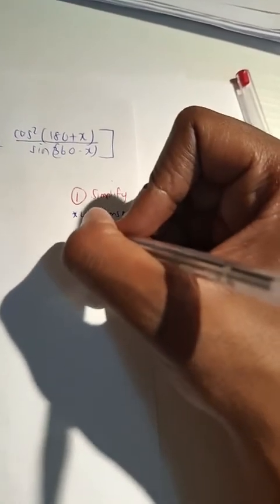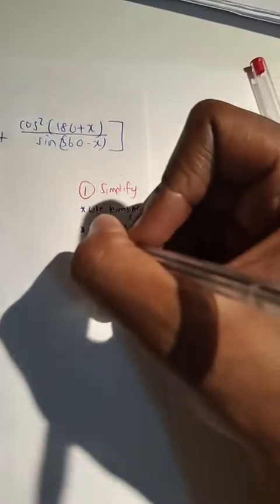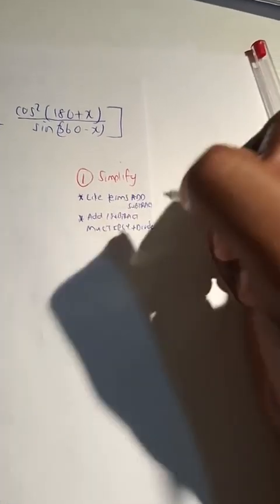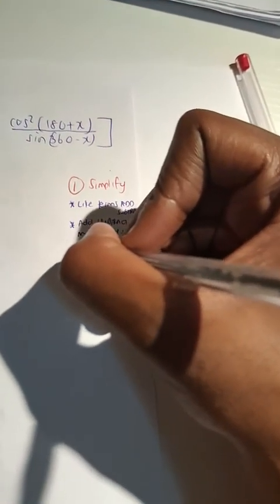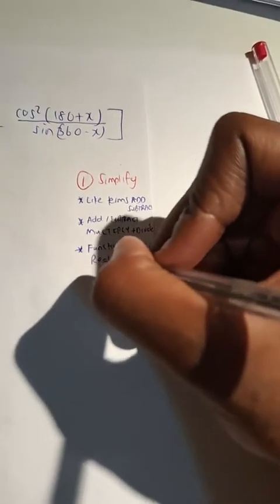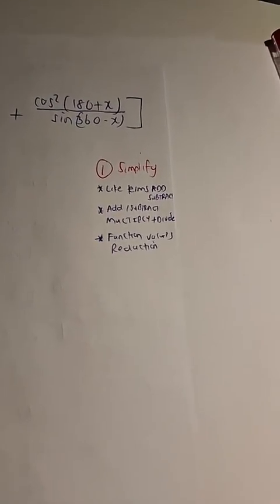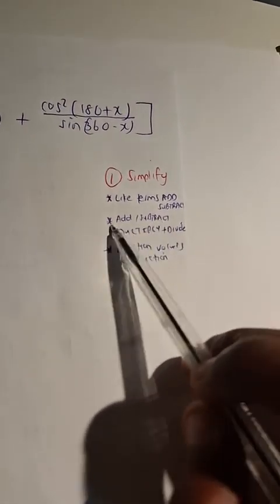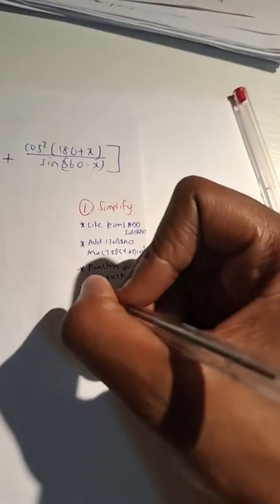If there are fractions that you need to add, subtract, multiply or divide, you must do that. If there are function values that need to be reduced, you must do that. So like terms, you add or subtract them; fractions, you add, subtract, multiply and divide; function values that need reduction, please reduce them.